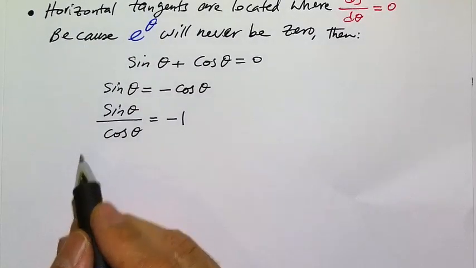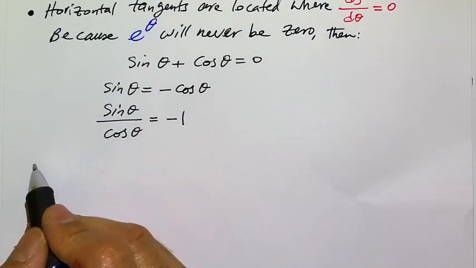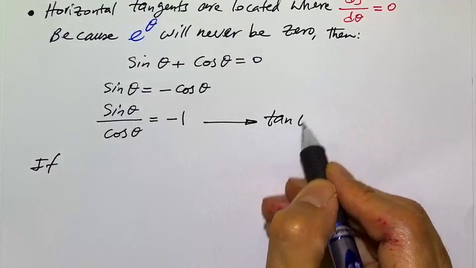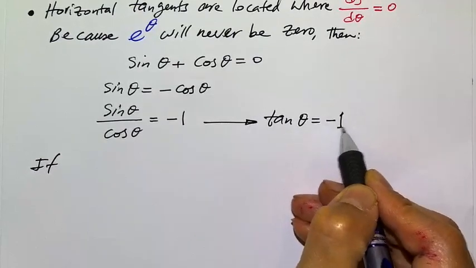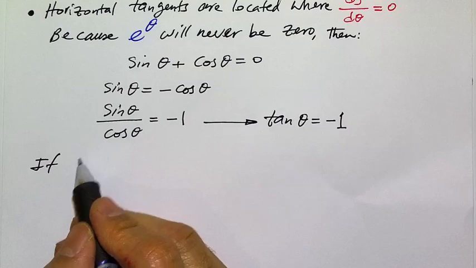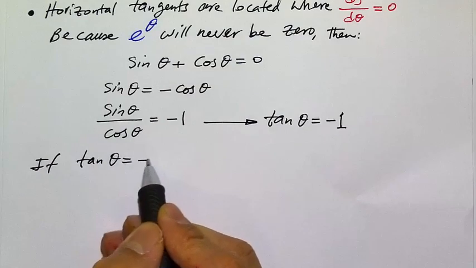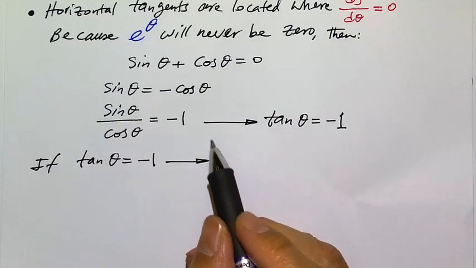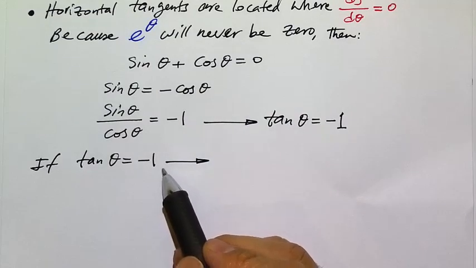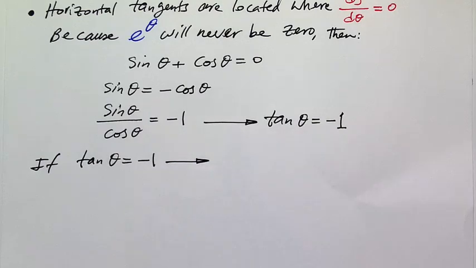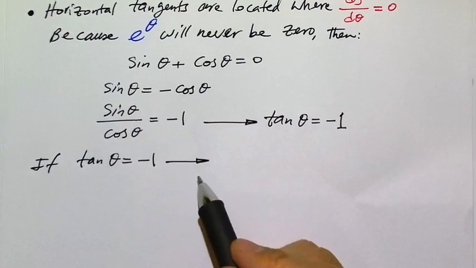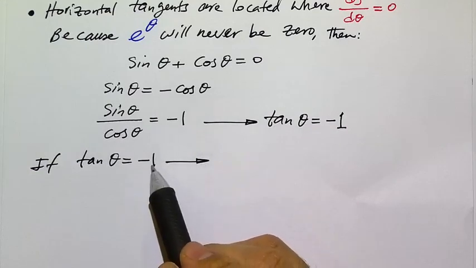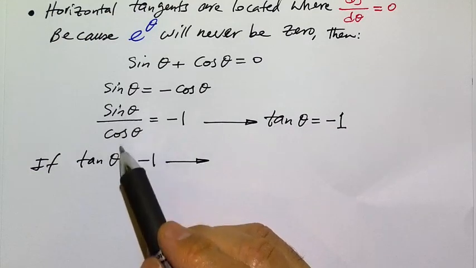Which means tangent of theta equals -1. So if tangent of theta equals -1, then the points we can have, in terms of positive angles, meaning moving in the counterclockwise direction, so one of the components has to be negative.